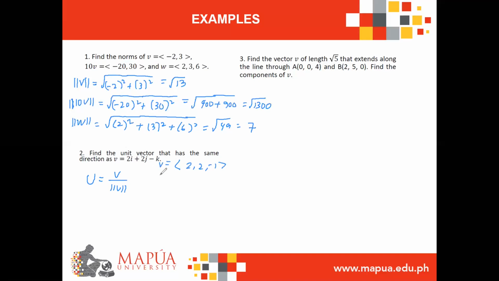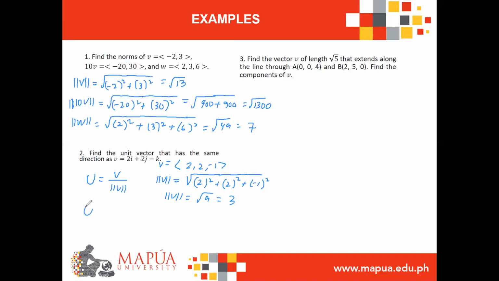That's your vector v. Then finding its magnitude, we have the square root of quantity 2 squared plus quantity 2 squared plus negative 1 squared. So the magnitude of v is equal to 4 plus 4 is 8 plus 1, 9. Square root of 9 is equal to 3.